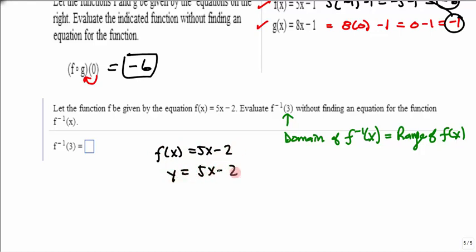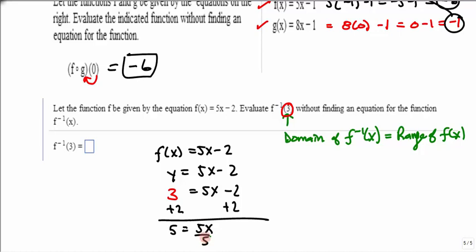So I replace the f of x with y, and since this is the range of my original, I plug that in for y. So I get 3 equals 5x minus 2, and then I go ahead and solve for x. I add 2 to both sides, divide both sides through by 5, and I get x is equal to 1. So f inverse of 3 is equal to 1.